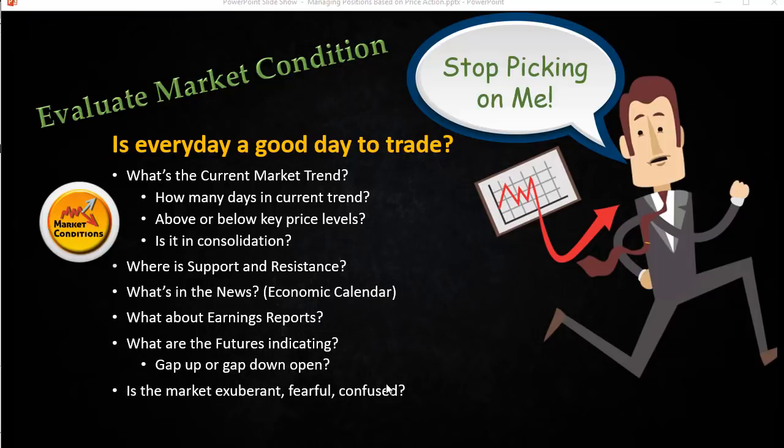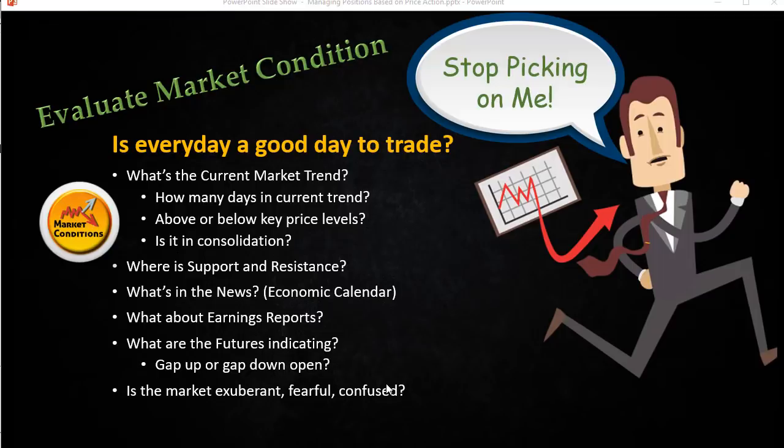That means I need to be thinking about taking profits and how to manage that trade, because I'm always watching that price action and evaluating the market condition. With most stocks up 5 to 7 days, plan on a pullback or a consolidation to occur.